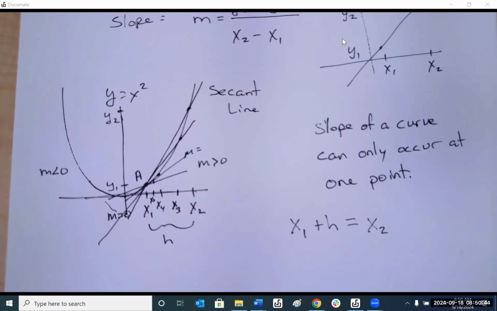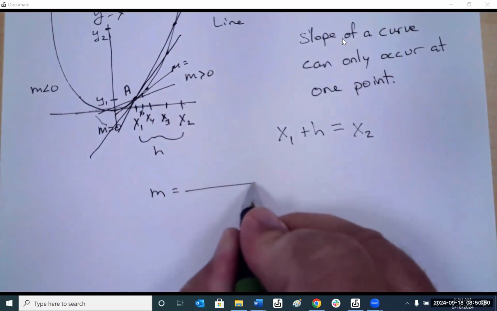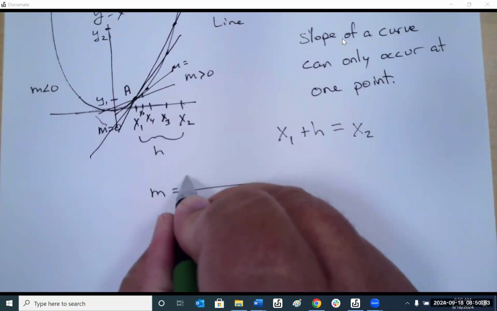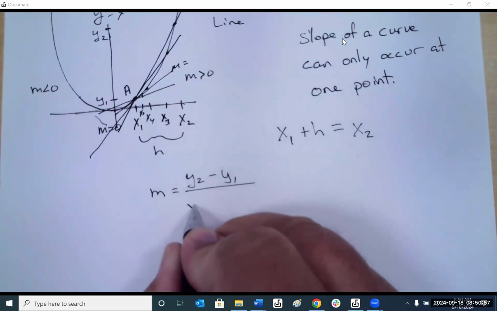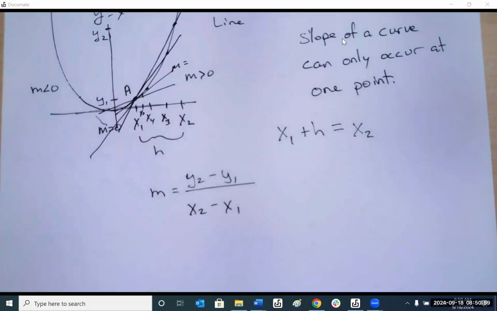Remember our formula for a slope, though. Our formula for a slope is y2 minus y1 over x2 minus x1.